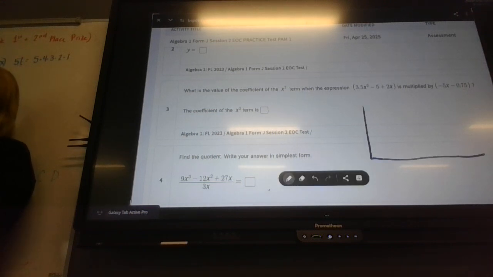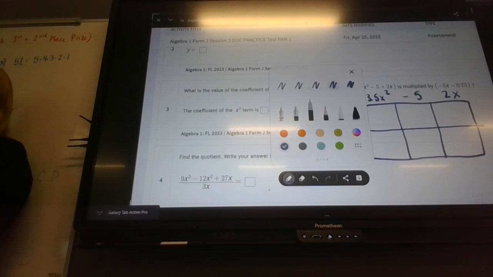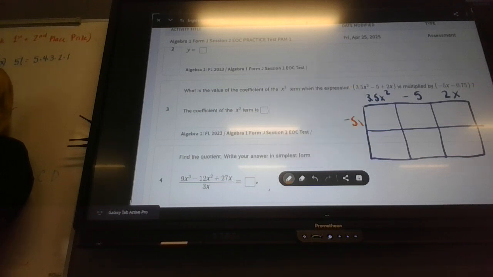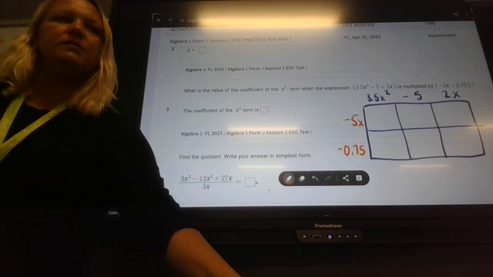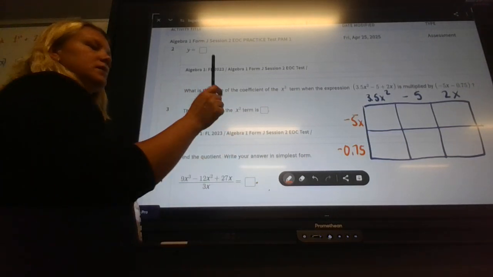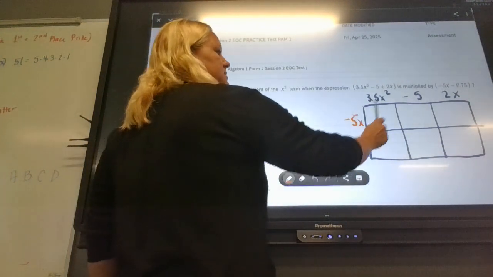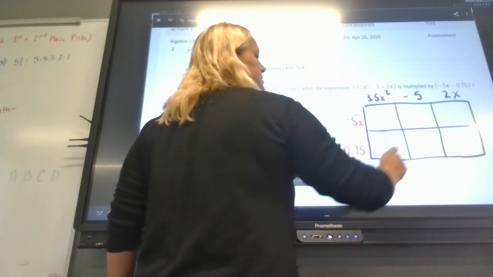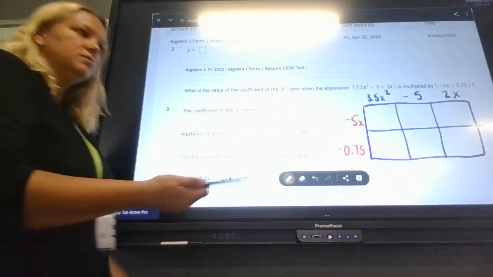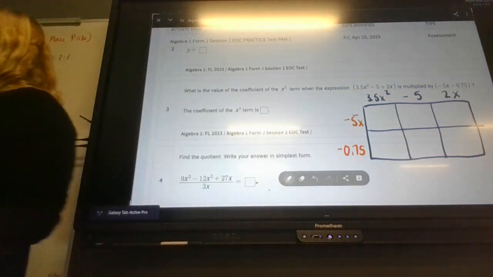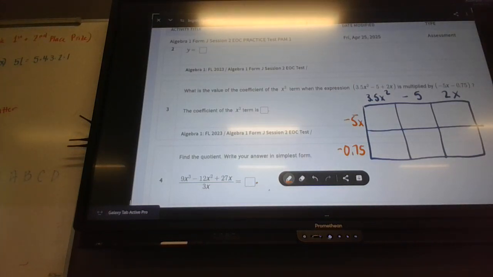So we could put the 3.5x squared minus 5 plus 2x on the top, and negative 5x there, and negative 0.75 there. And you can do that multiplication method that we practiced, where you multiply these, multiply these, multiply these. And then, of course, you would want a calculator for that. So use the big ideas calculator.